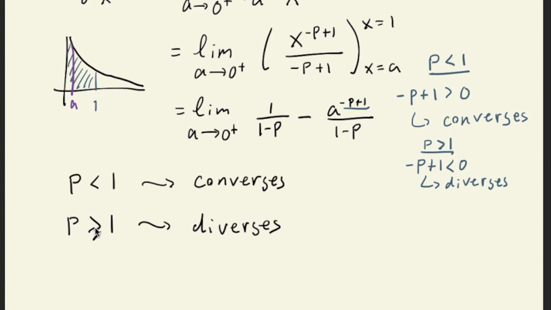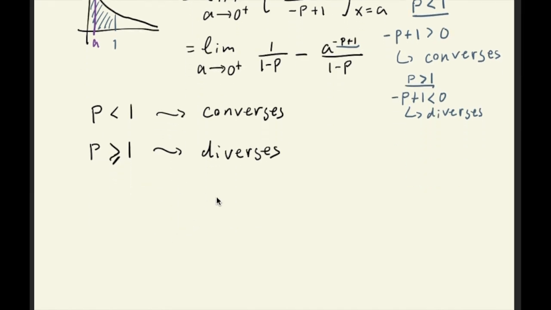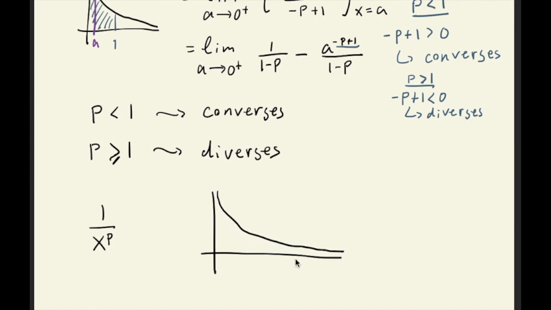Okay, and so let me draw a picture of what we have found out. So it's basically that picture, but these functions, 1 over x to the p, they have an interesting behavior. So they kind of look like this, right? Here's 1.